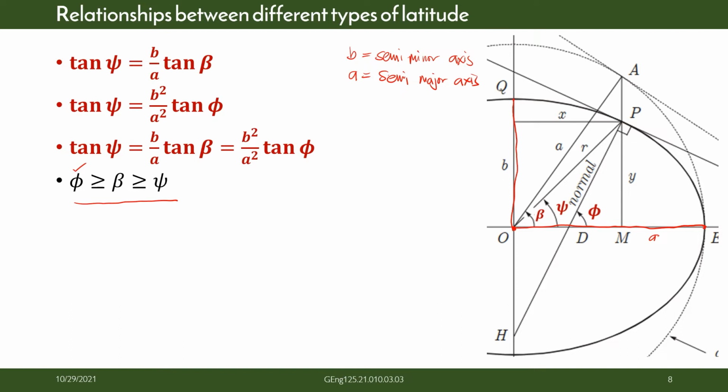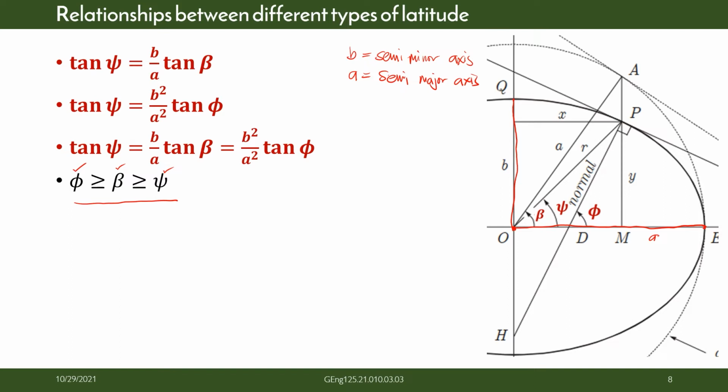So your geodetic latitude is greater than or equal to beta, your reduced latitude, and your reduced latitude is greater than or equal to your geocentric latitude. You can also prove that one.